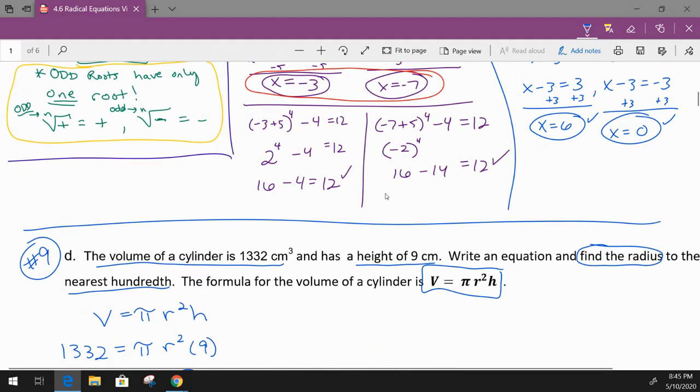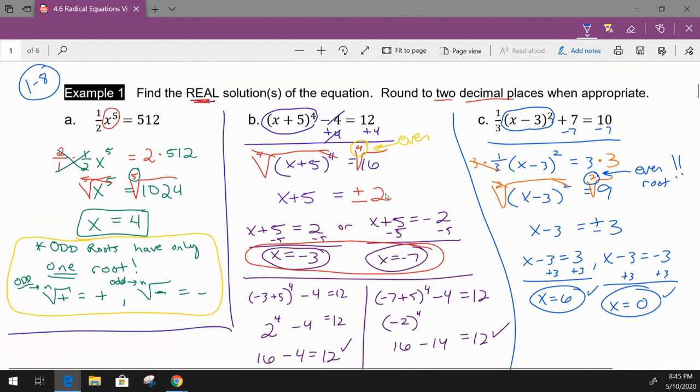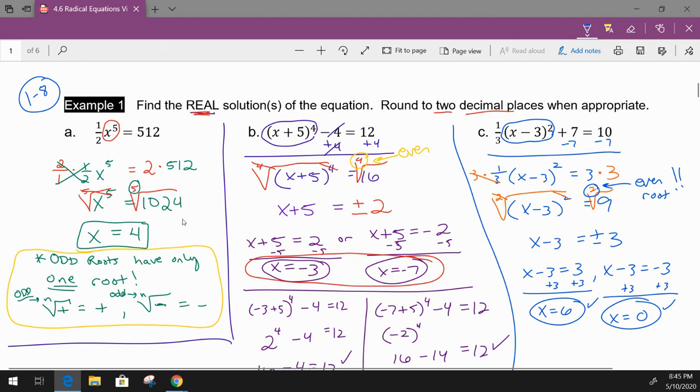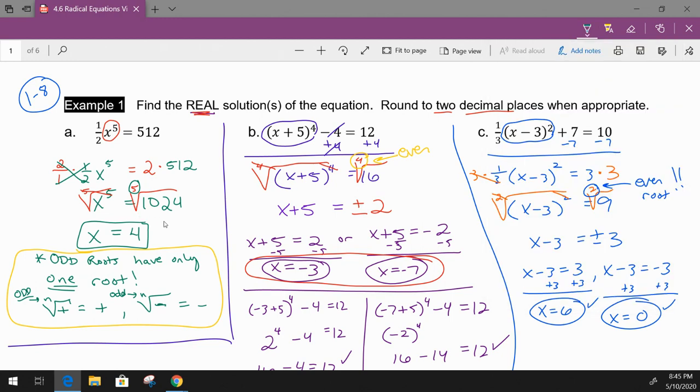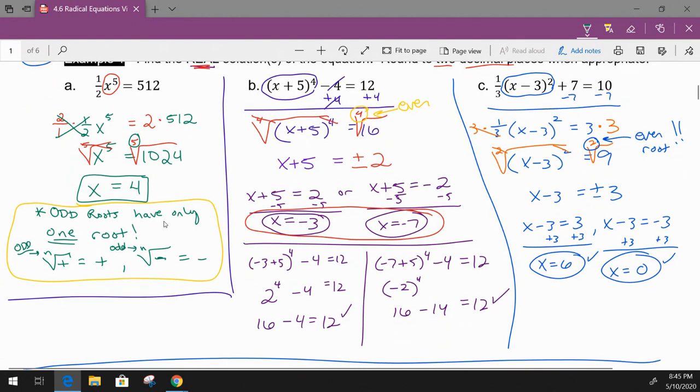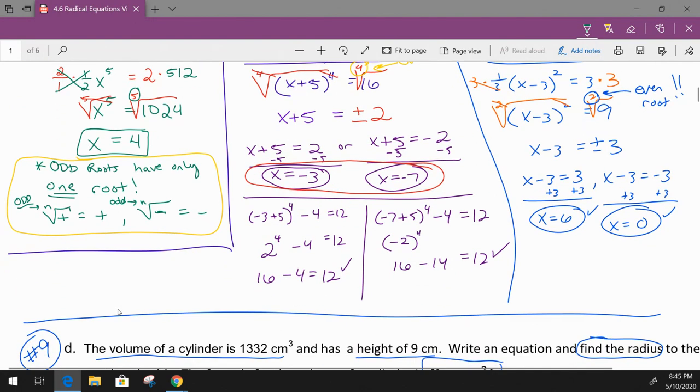Some of you may have a little difficulty taking the fifth root of 1,024. So I forgot I was going to show you how to put that in the calculator. It's hard with a video, but I will do my best. So again, it depends on the type of calculator that you have.